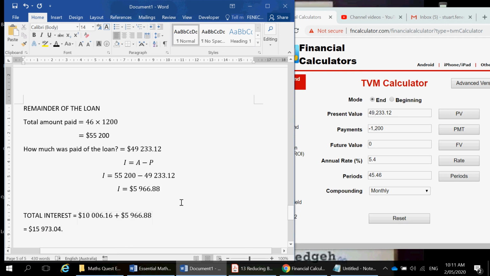Now that was a big operation, wasn't it? We had to find the interest paid in the first 3 years, then we had to find out the interest in the remaining part of the loan, and that's what you'll get.